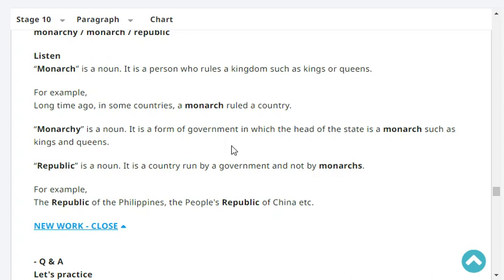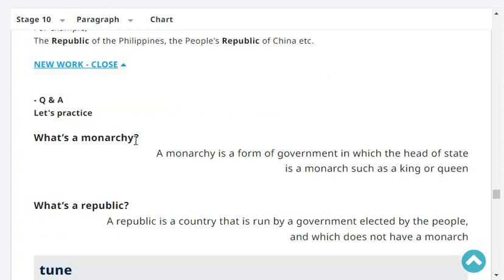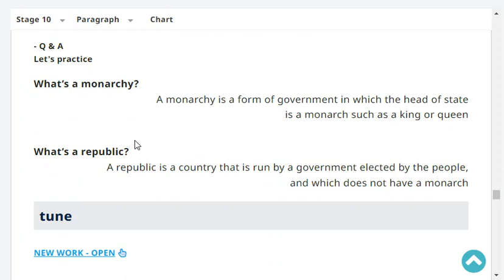It is a country run by a government and not by a monarch. For example, the Republic of the Philippines, the People's Republic of China, etc. Let's practice. What's a monarch? A monarchy is a form of government in which the head of state is a monarch, such as a king or queen.